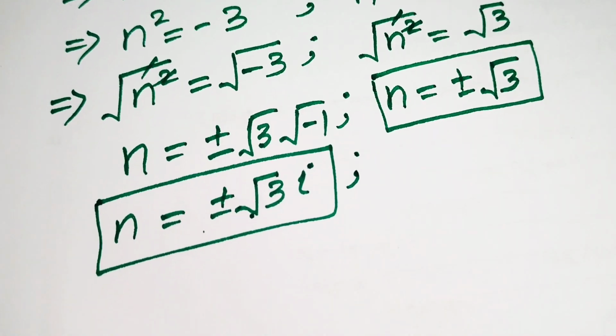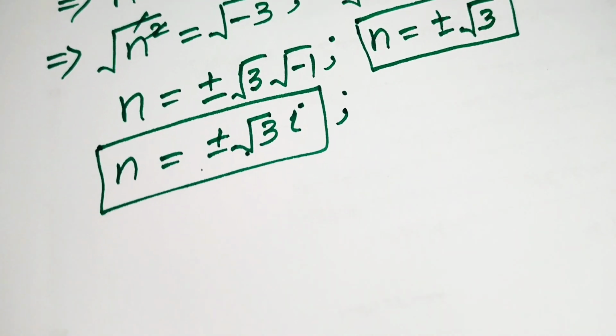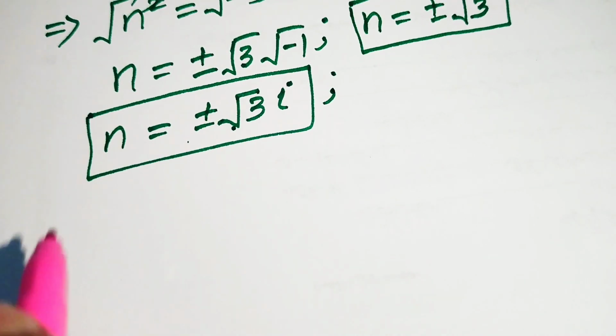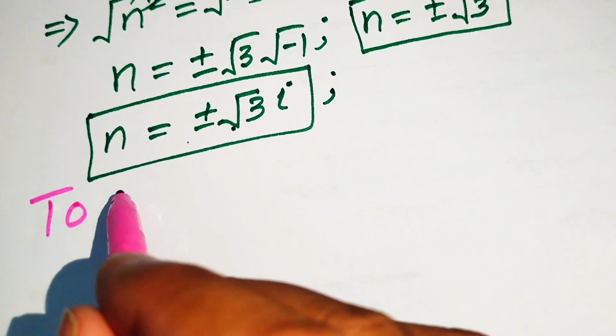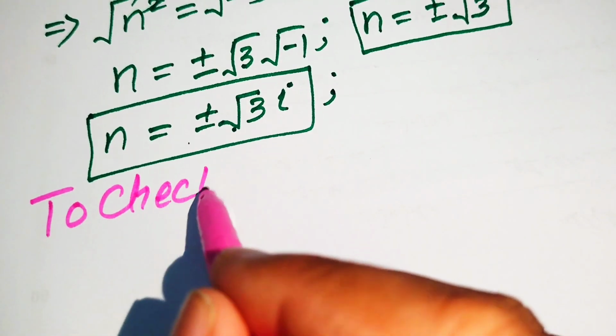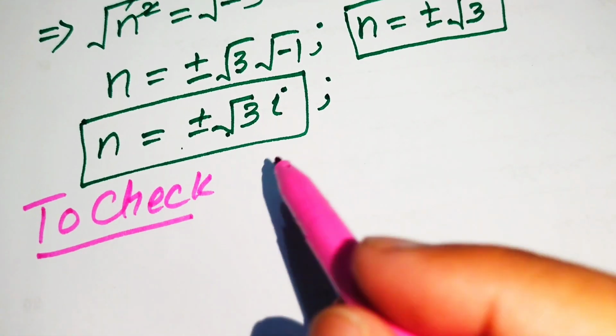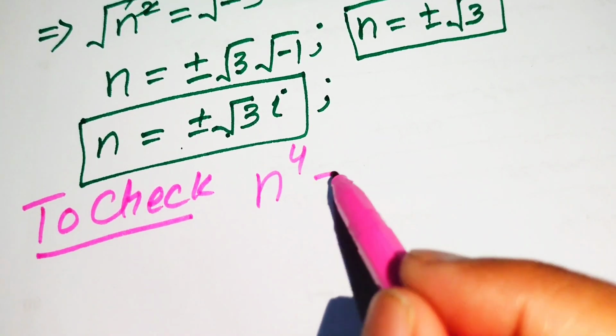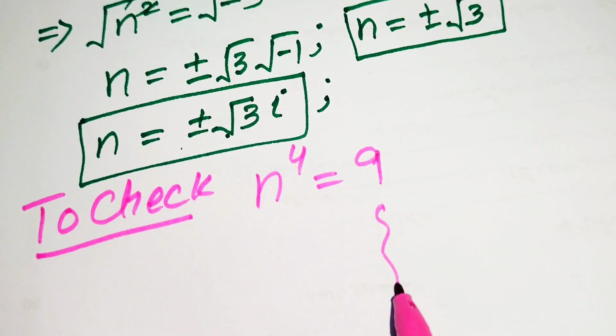And now we check these 4 roots. Do these 4 roots satisfy our given question statement or not? To check, first we copy down the question statement: n to the power of 4 equals 9.